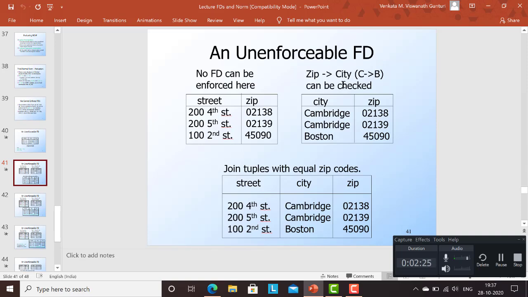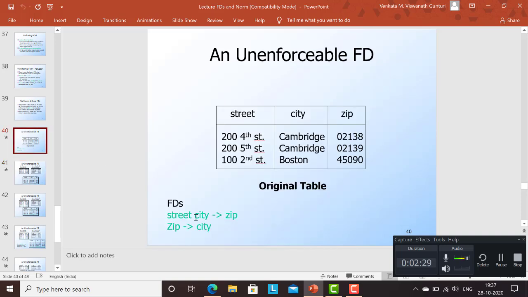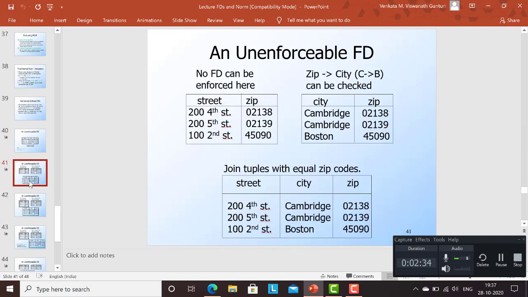That's how you enforce an FD, right? Whereas the FD street, city implies zip does not translate anywhere, because there is no table which has all three attributes. And that gets to the problem, right?